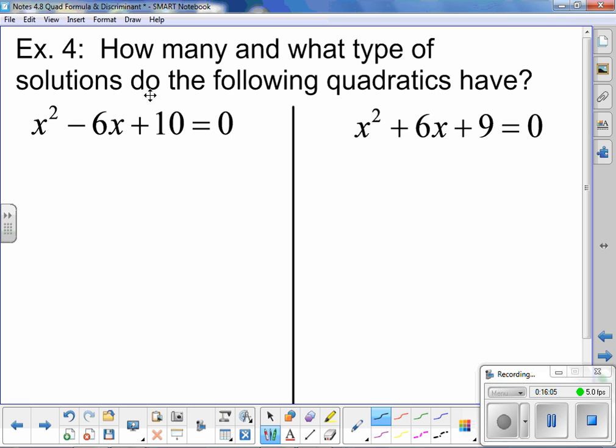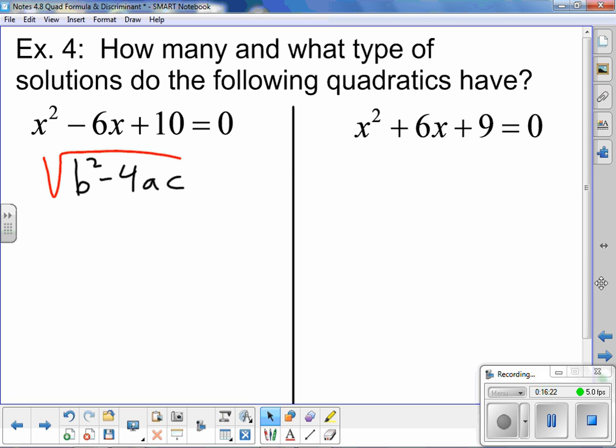All right, how many and what type of solutions do the quadratics have? So let's do these real fast. Now, you don't have to do the entire quadratic equation. You just need the b squared minus 4ac part, because that's the part that's inside of the square root. That'll tell you if you have imaginary parts or no imaginary parts or 0. So that's the only part we're really focused on.